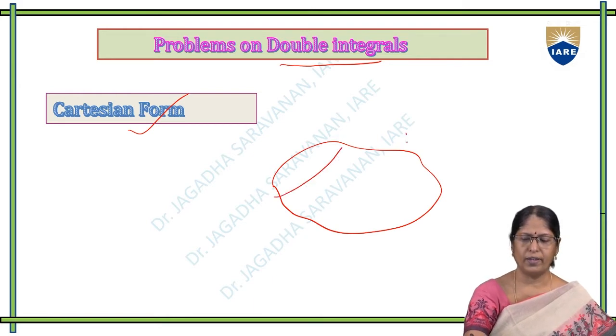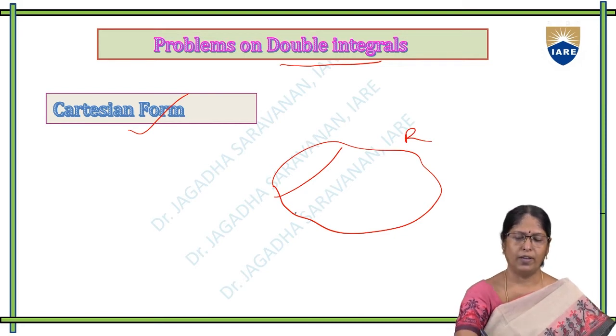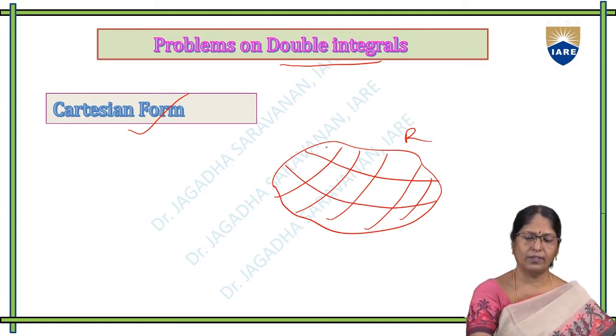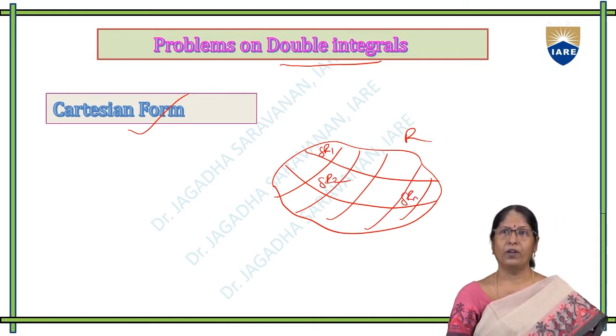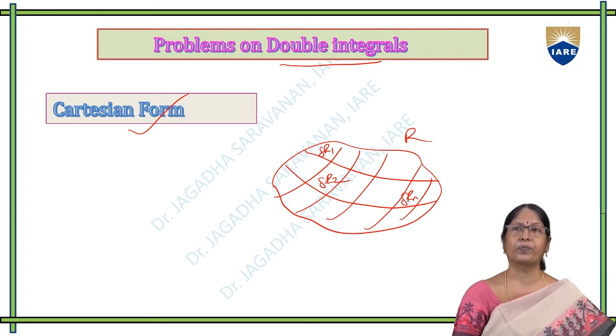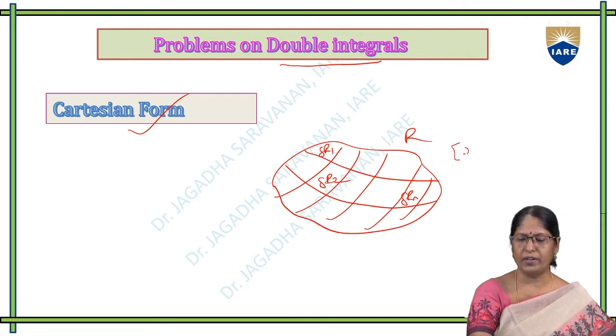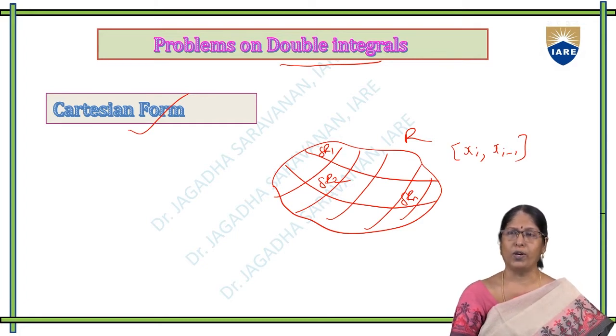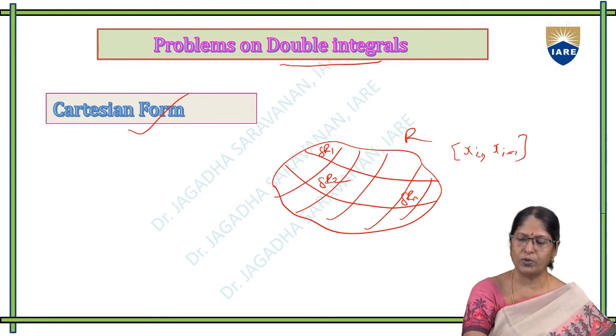That region is capital R. That region we are dividing into n regions, that is, del R1, del R2 up to del Rn. This delta is nothing but the closed interval from xi minus 1 to xi.